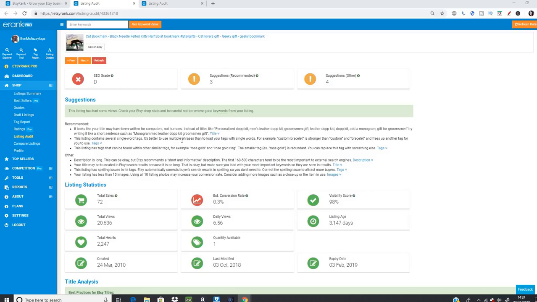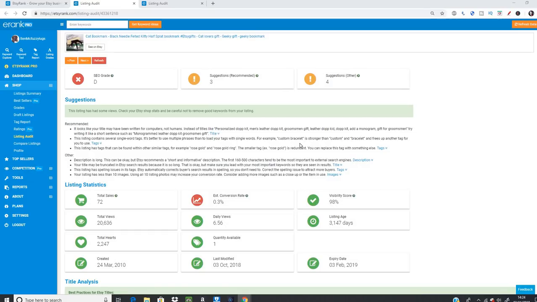And also, as we can see, it's better to use a tag of custom bracelet than a tag of custom and a tag of bracelet, because if someone searches for bracelet, then it being in the tag custom bracelet is also relevant. So you don't need to do the single word tags.